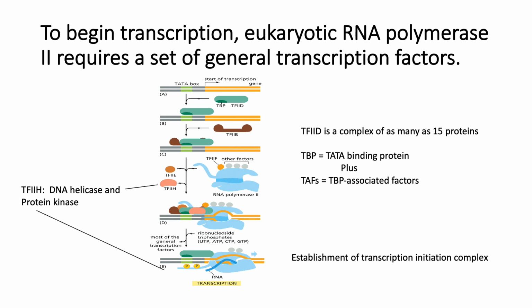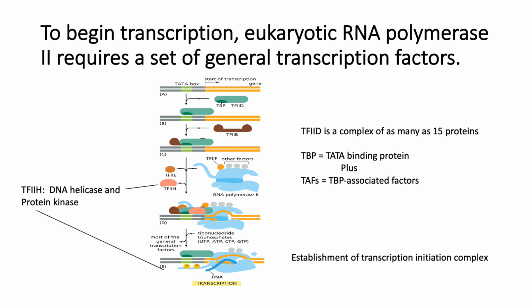Now the TAFs are part of this TF2D, and what I will say is that the TAFs can vary. The TBP is always there, but the TAFs can vary a bit, and we'll see that later. So you have the TF2D binds, and then it initiates this sequence of events where other proteins then bind.